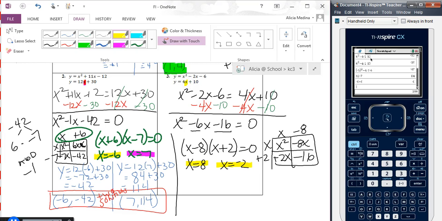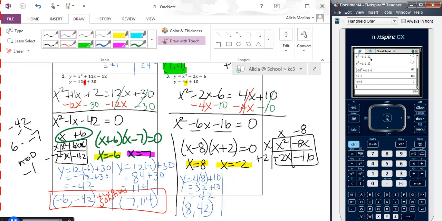I always pick the easier one, but you are able to pick whichever equation you want to plug it into. So this is going to be y equals 4 times that x, which is now 8, plus 10. 4 times 8 is 32, plus 10 is going to equal 42. So this is what y is. So one of my solutions is going to be at 8, 42.